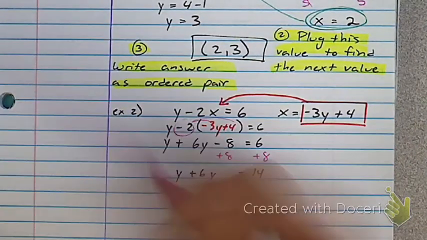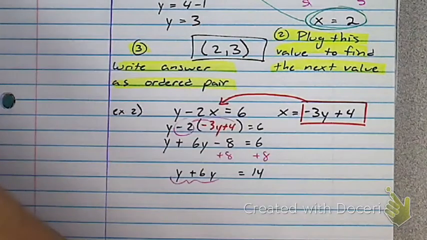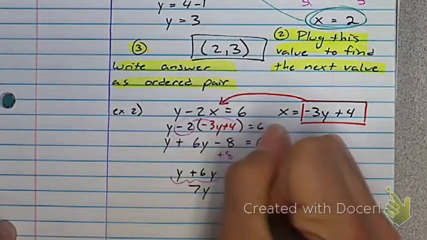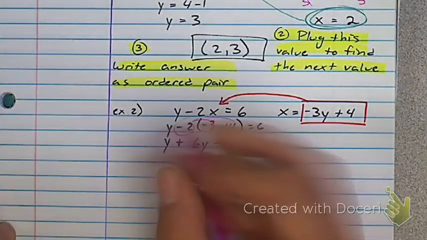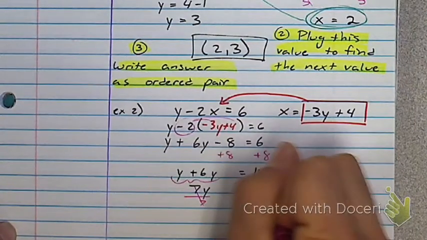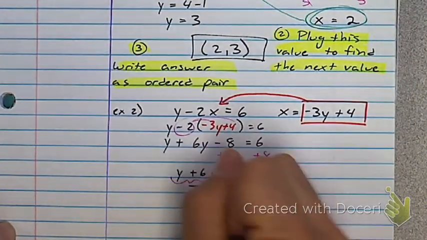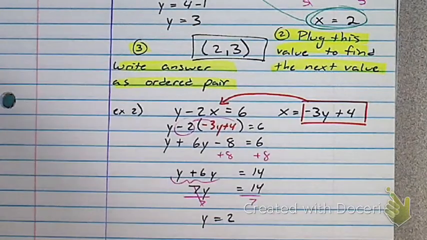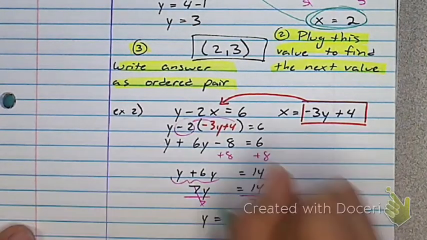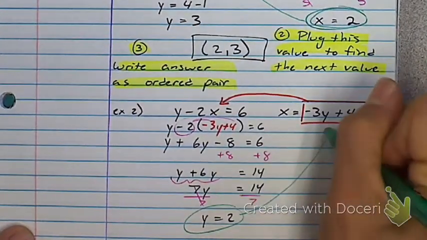The order of combining and moving doesn't matter. 7y equals 14. y equals 2. Not done yet. Take that value, plug it in.